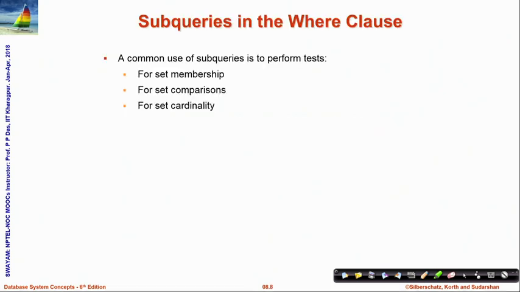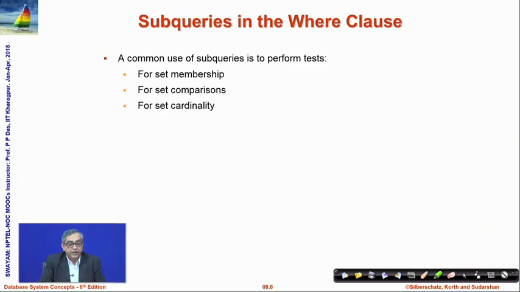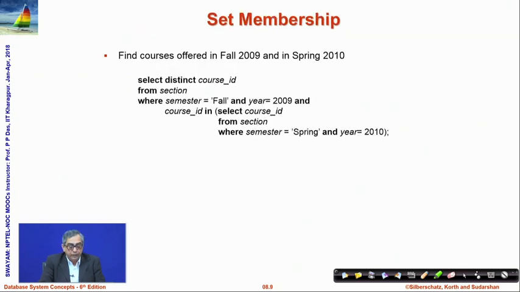The common use for having subqueries in the where clause is to perform different kind of tests for membership, comparison, cardinality and so on. So, let us look at this. You have already seen this query before. Find courses offered in fall 2009 and in spring 2010. Earlier we have shown different ways of coding this.